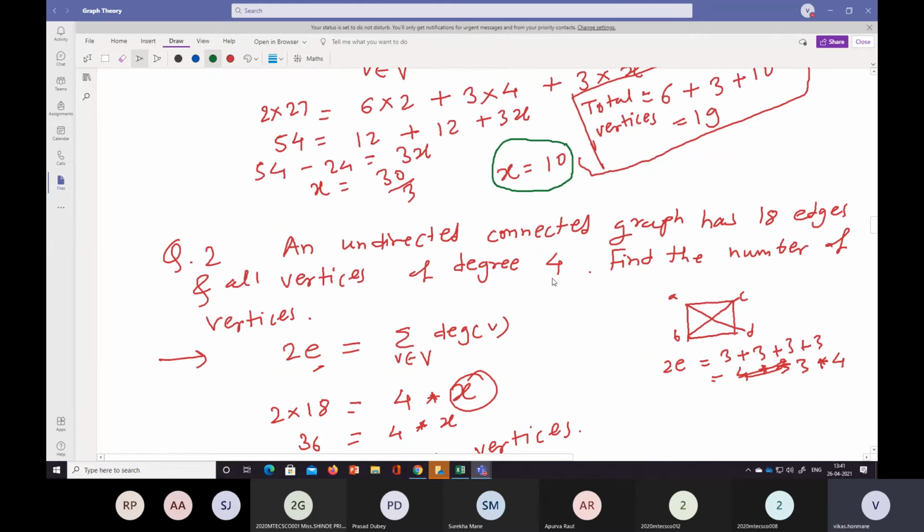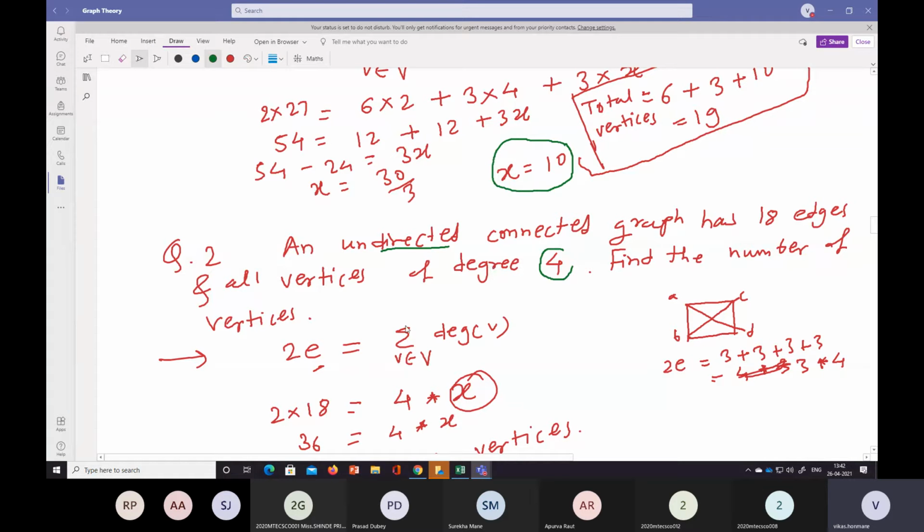So question 2: an undirected connected graph has 18 edges, and all vertices have degree 4. Find the number of vertices. So how do we get the total number of vertices?